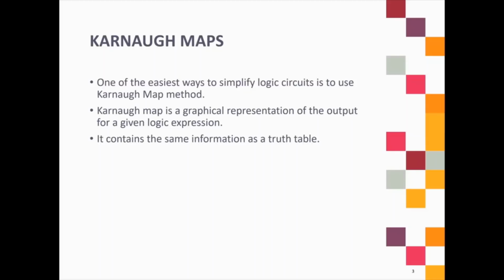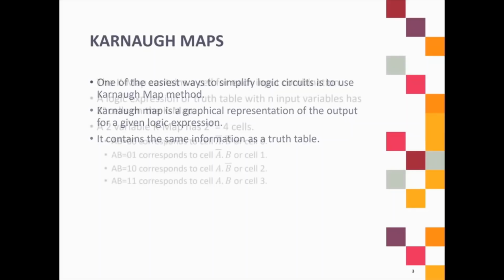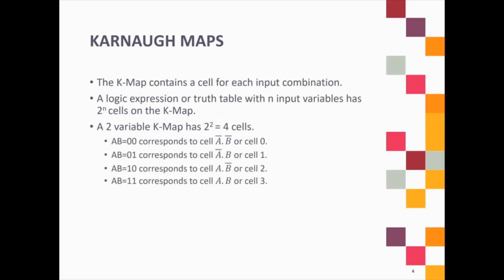So whatever value contained in the K-map contains the same information as the truth table. K-map contains a cell for each input combination. So a logic expression or truth table with n input variables has 2 power of n cells on the K-map.